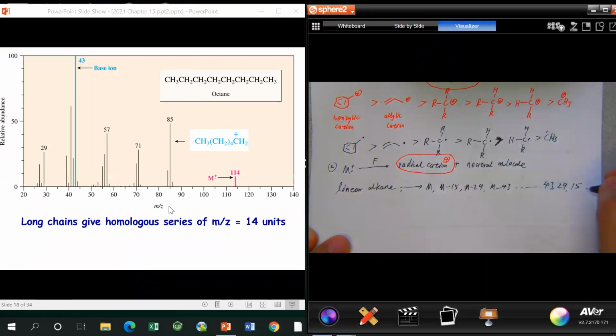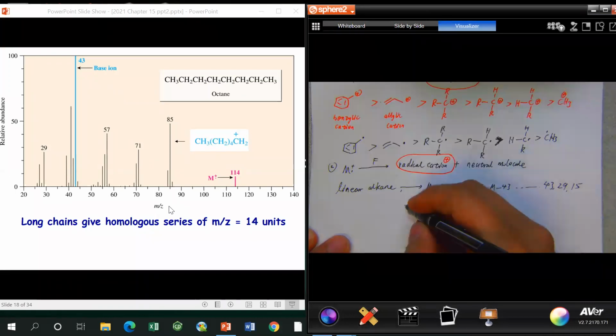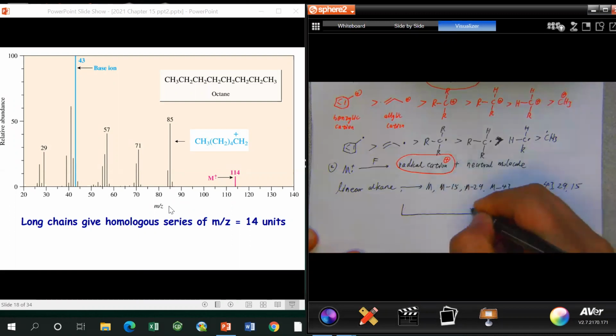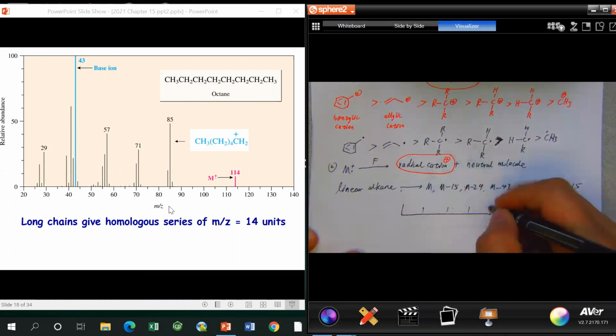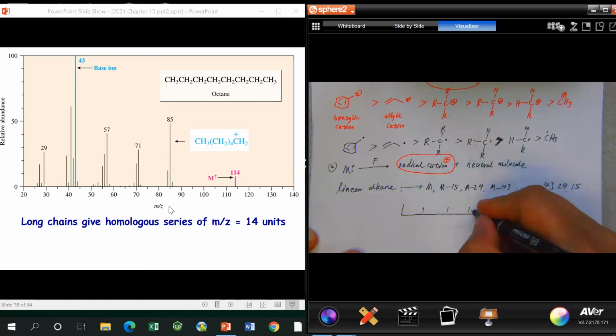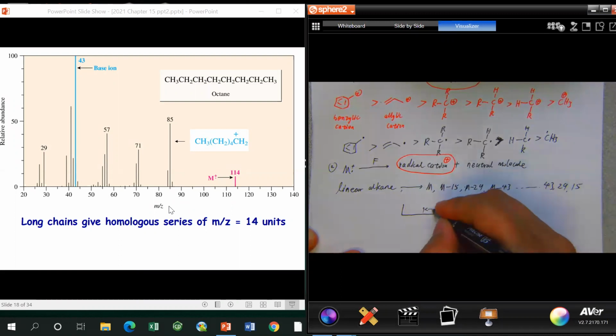So if you look at the mass difference between all these fragments, there's a very special rule. So let's maybe draw like this. So this is M+, and then the next fragmentation. So you find the difference: it's 15 from the first fragment to the second fragment, and then the difference is about 14, and then 14 again, and then 14 again.